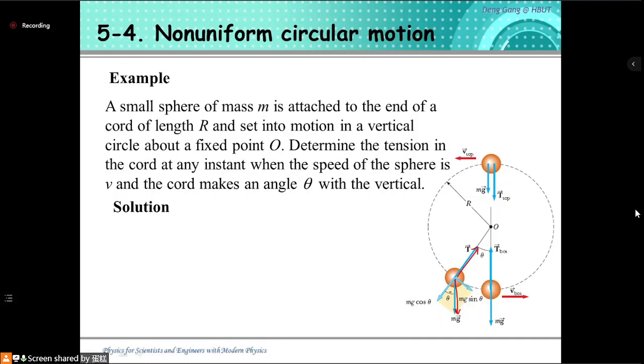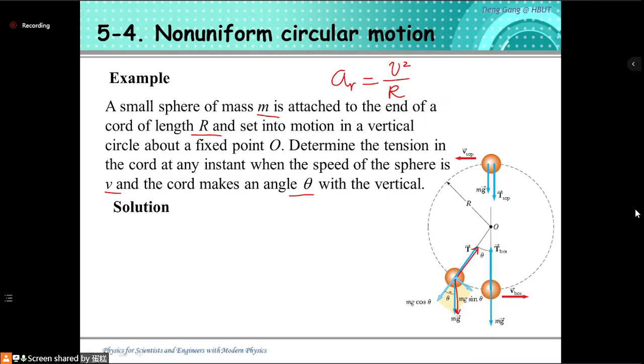So we are going to calculate this. What we know is v, we know angle theta, we know r, we know the mass. So along this direction, the radial direction, the radial acceleration a_r should be equal to v square over r, right?